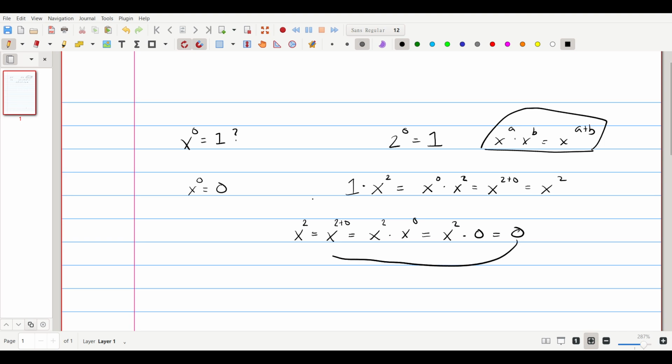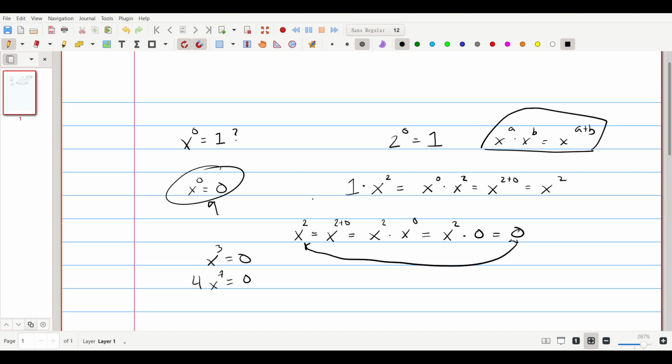And notice how these two things don't agree. So if x to the 0 was 0, that means no matter what exponent you wrote, this would just be 0, right? It would always be 0. So then there wouldn't be a point of even having exponents, right? It wouldn't add anything for us. It would just be always 0, which is pretty useless.